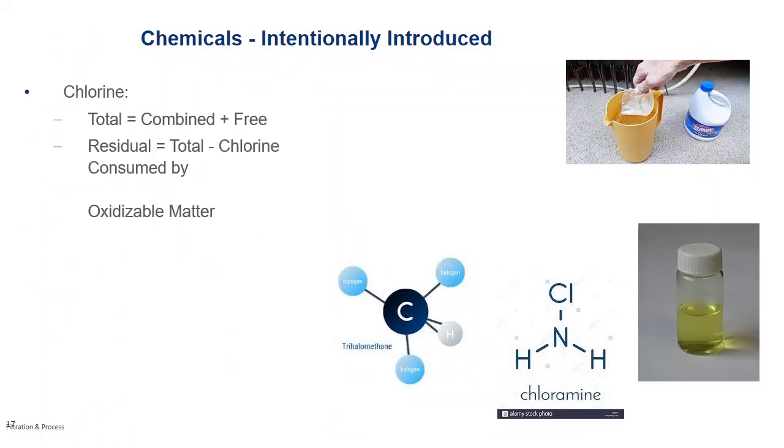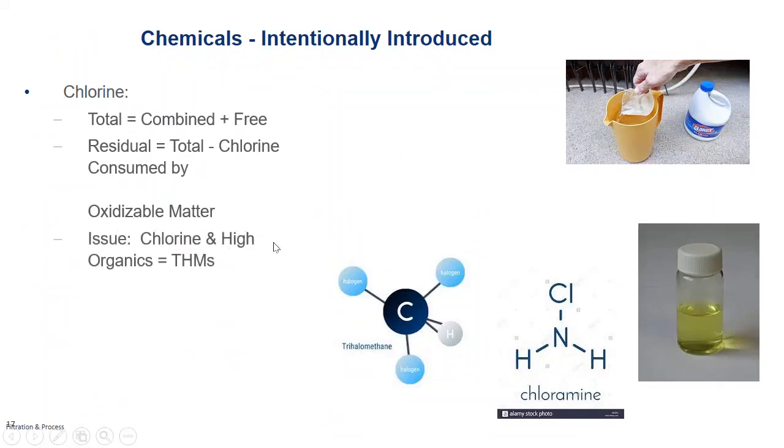So understand we're going to add this stuff in relative amounts of excess to break things down to leave us a residual that helps us maintain sanitary conditions in our plumbing. But these are chemicals I don't want to consume. I want these out of my water supply when it's time to drink.